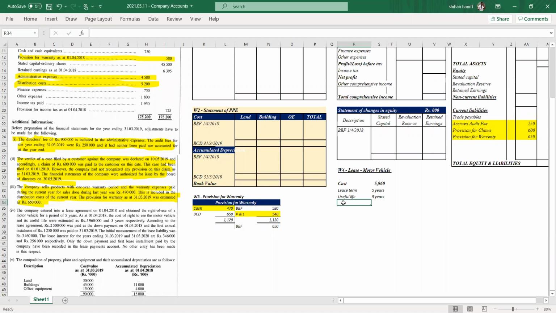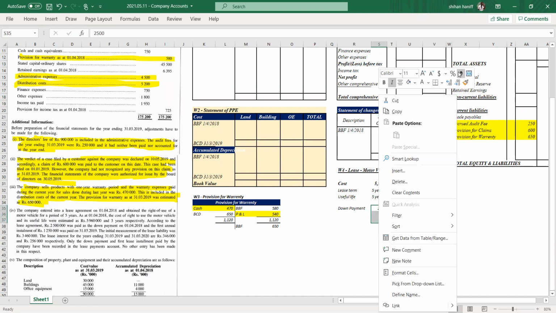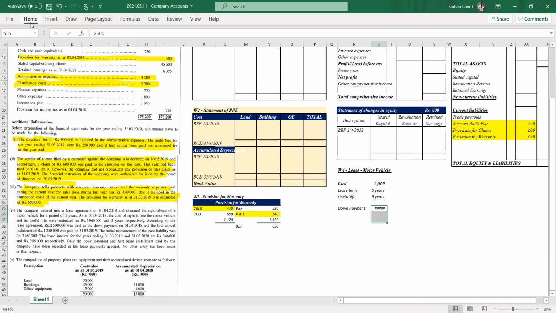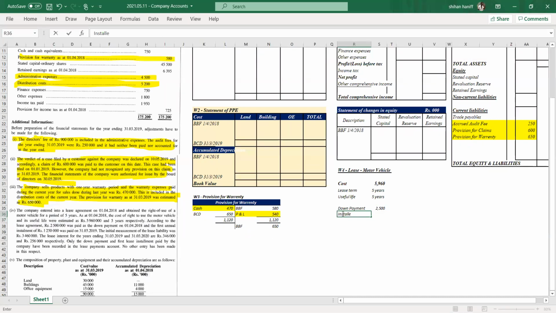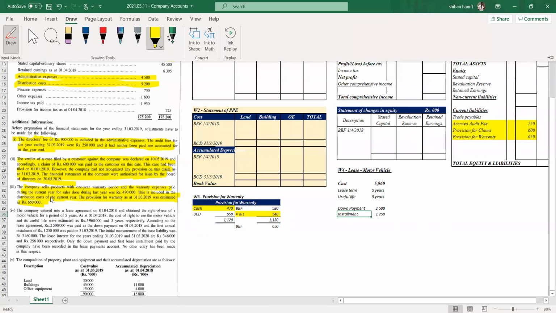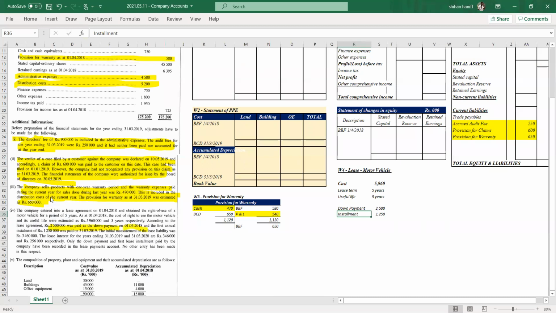According to the lease agreement, 2,500 was paid as the down payment on 1st of April.